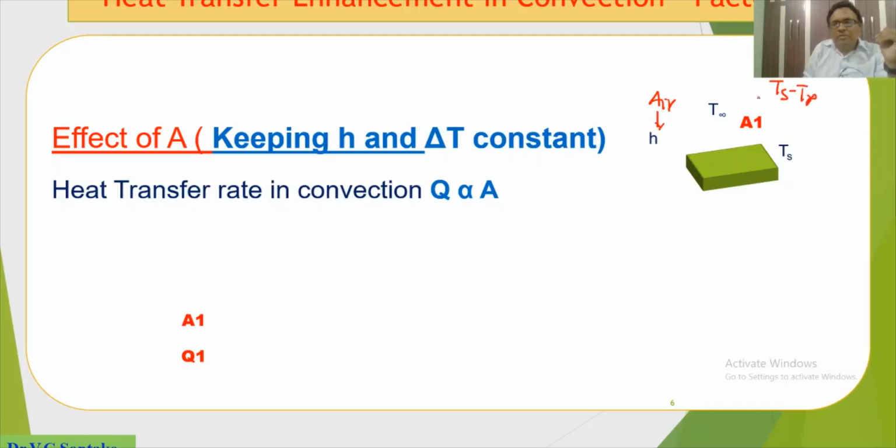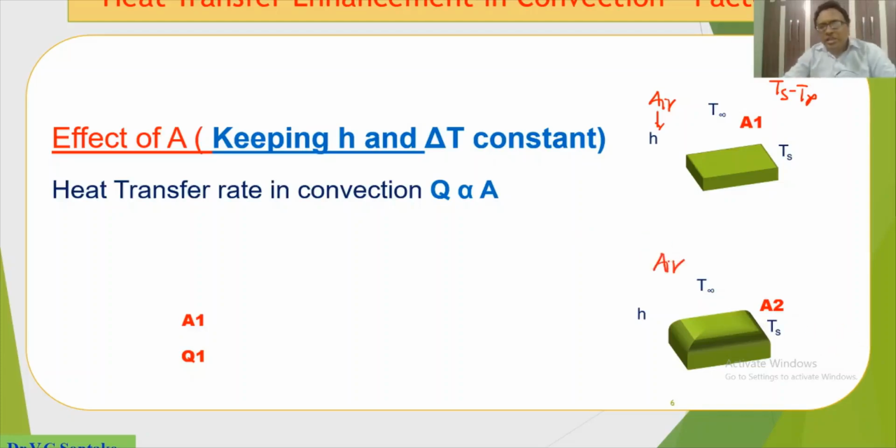Let the temperature difference be Ts minus T infinity. Now the same plate, at the same temperature Ts and surrounding fluid temperature T infinity, that is air, is exposed, but in this case its surface area has been increased.